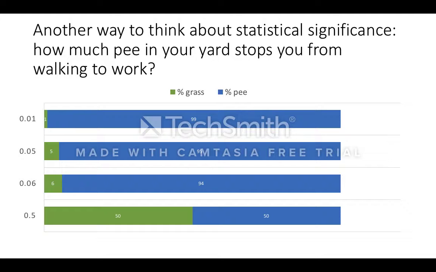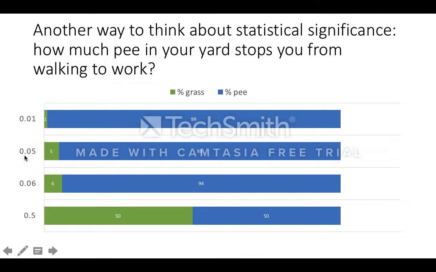And convention has established that in order for this politician to be able to walk to work, at least 5% of his yard needs to be grass. Once 95% of his yard is covered in pee, it becomes impossible to walk to work.